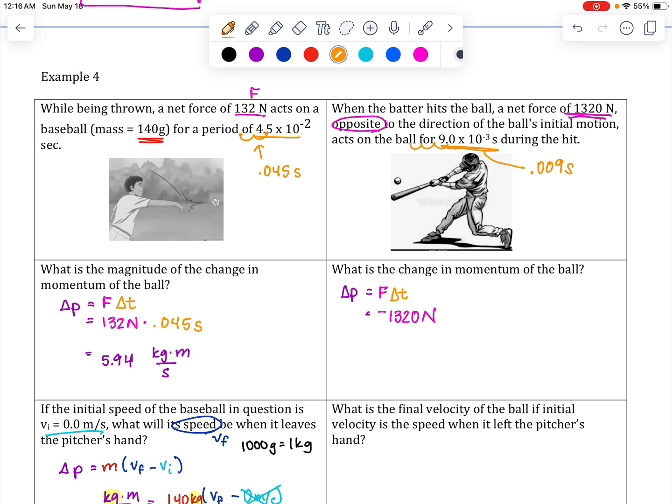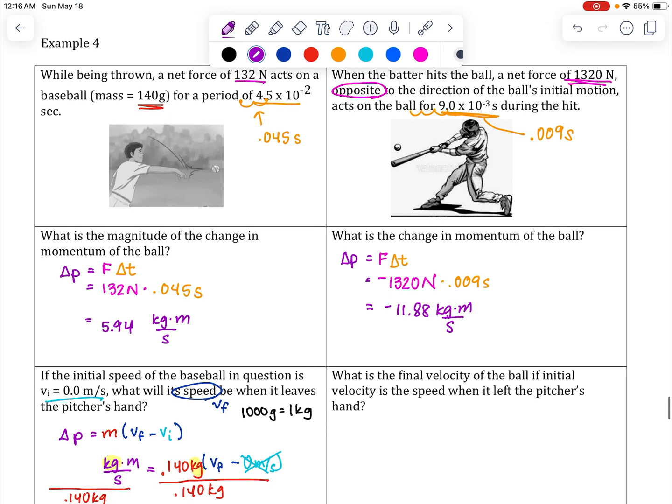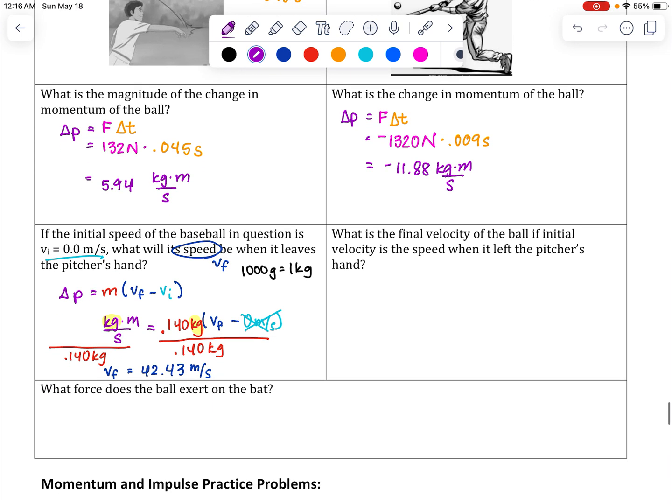And then my time is 0.009 seconds. This equals, I'm going to look at my sheet now, negative 11.88 kilogram meters per second. That's its change in momentum.